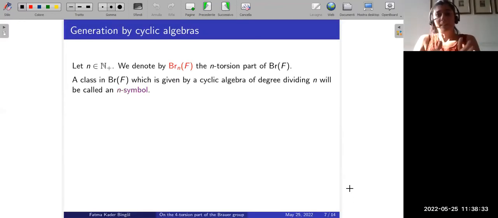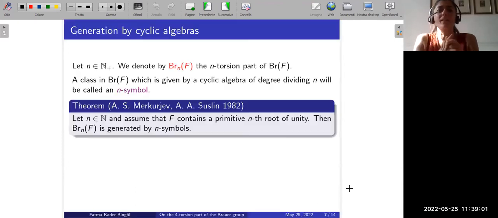First, let me introduce some terminology, because it will simplify the formulation of the statements that I'm going to present. A class in the Brauer group which is given by a cyclic algebra of degree dividing n, in this talk I will call an n-symbol. I repeat, a class given by a cyclic algebra of degree dividing n is called an n-symbol.